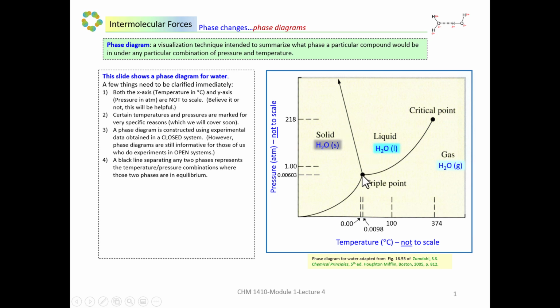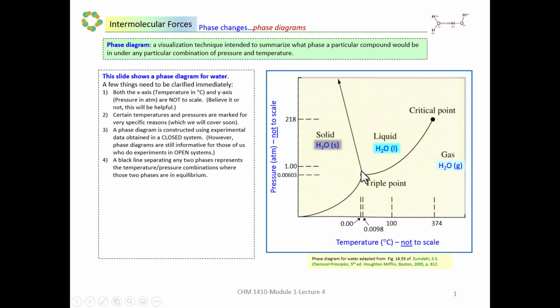So in other words, here is the solid-liquid line, here's the liquid-gas line, here is the solid-gas line. Specifically, these lines are particular pressure-temperature combinations where the two phases can exist at equilibrium.